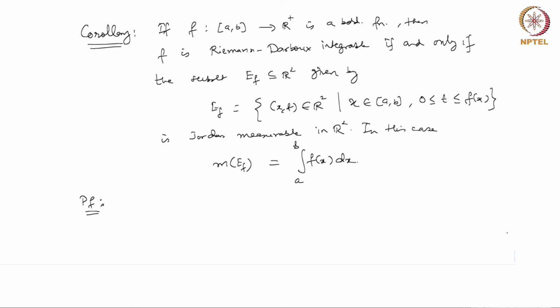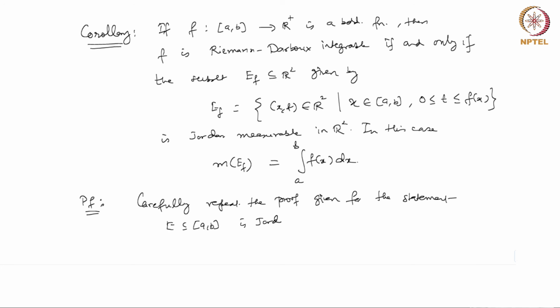I will leave the proof as an exercise because it is essentially a repetition of the proof that was given earlier for the last theorem, which stated that E is Jordan measurable if and only if the indicator function is Riemann-Darboux integrable. So I'll just write that you have to carefully repeat the proof given for the statement: E subset of [a,b] is Jordan measurable if and only if the Riemann integral of the indicator function exists.